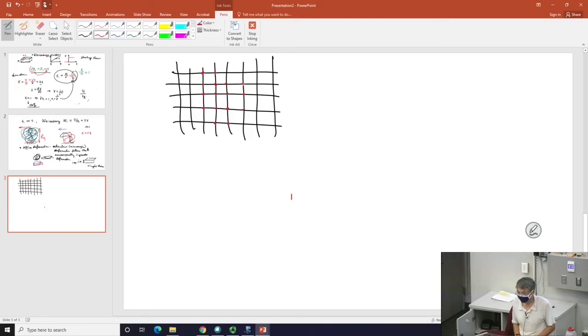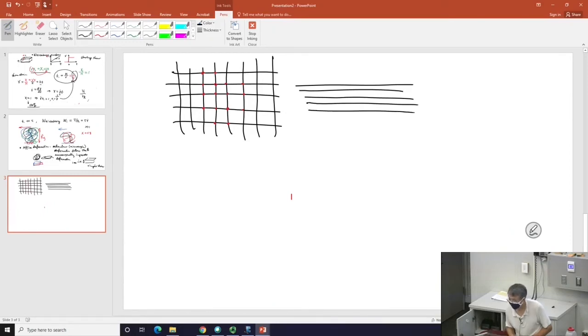So in any case, if you have cross-linking, then the pioneers in the field immediately suggested that when you stretch your cross-linked rubber, you can apply an affine deformation because you have cross-links. I'm not drawing the rest, but basically you can see that it becomes elongated, right?